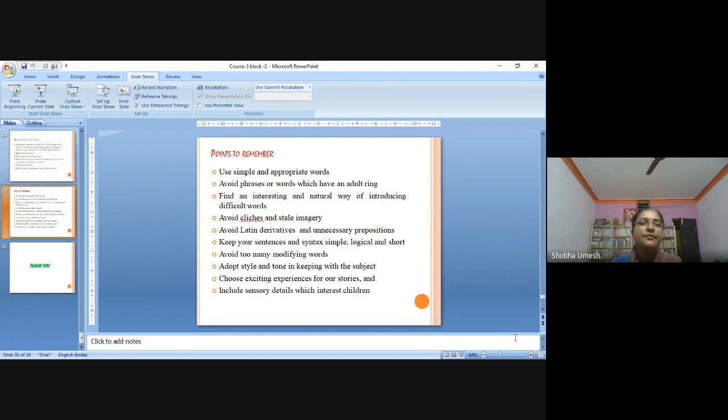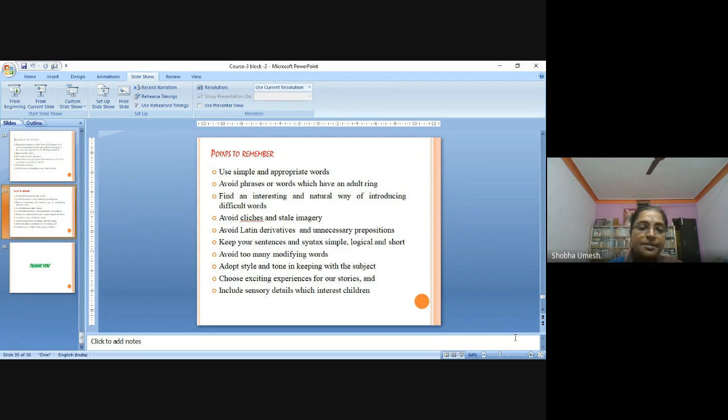Certain phrases or words most commonly used by adults should be avoided. And find an interesting and natural way of introducing difficult words. If you have introduced a difficult word in your story, you should make the child understand what it is in a simpler way.